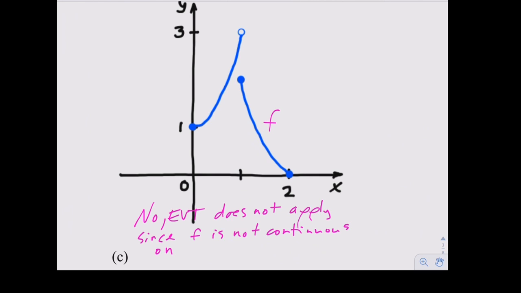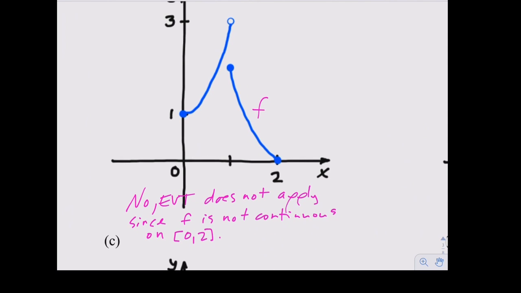On the closed interval from 0 to 2. If you want to say it like that, that would be fine. I told you when we were doing this for the EVT, it's probably better if you say at x equals 1, which is an element of the closed interval from 0 to 2. But you wouldn't necessarily lose points if you just say it's not continuous on the closed interval, because that does speak directly to the if part of the theorem.